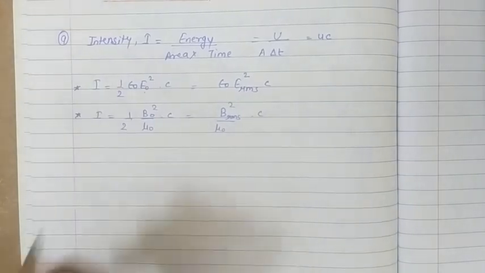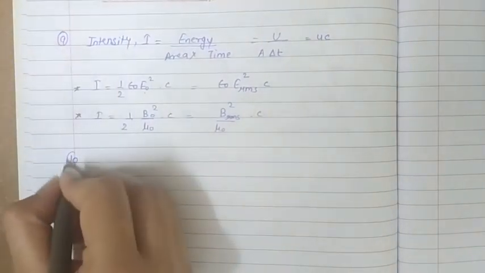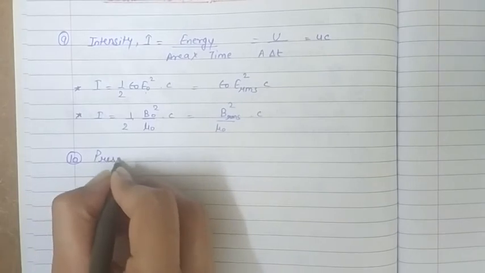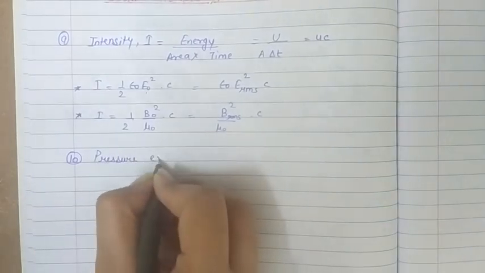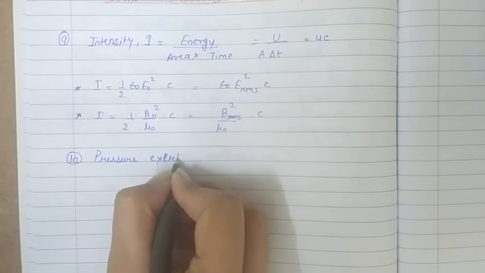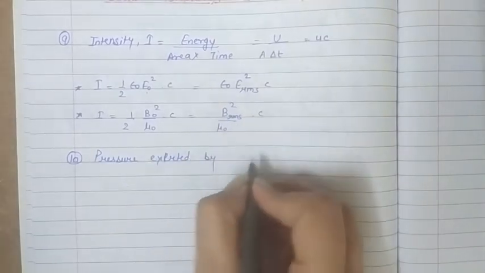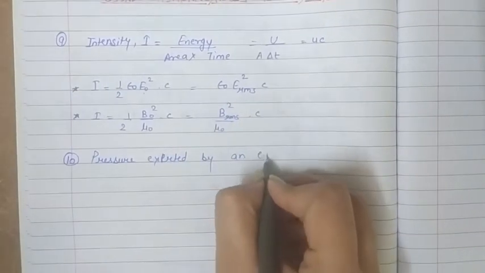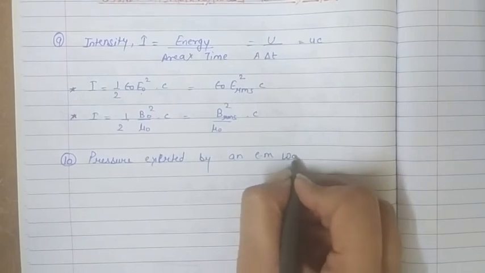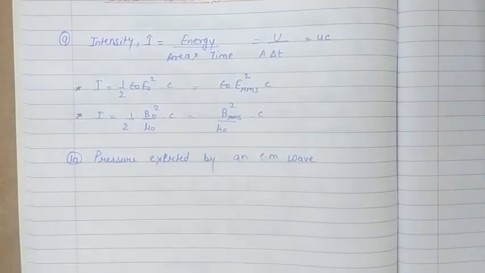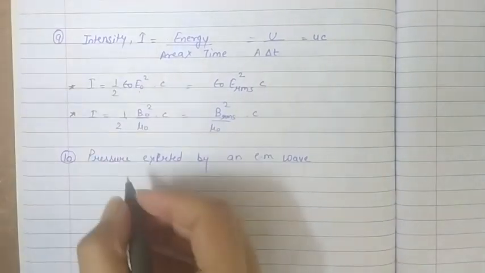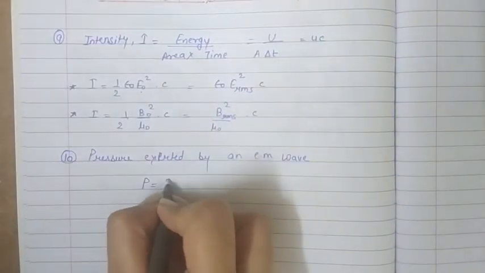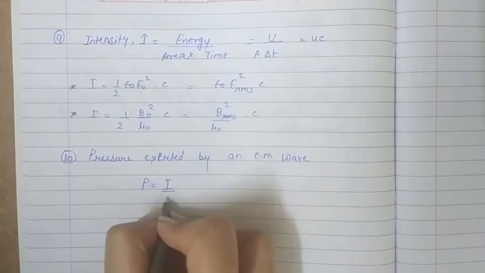Now next thing that we can find is the pressure exerted by an EM wave. Since it is a pressure, it is represented by capital P. Linear momentum is small p and pressure is capital P, this is the difference. Pressure is equal to intensity upon c.